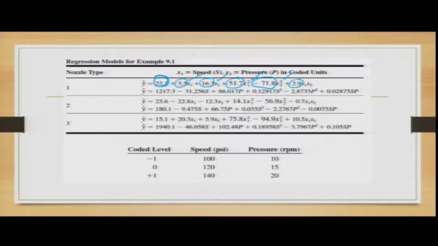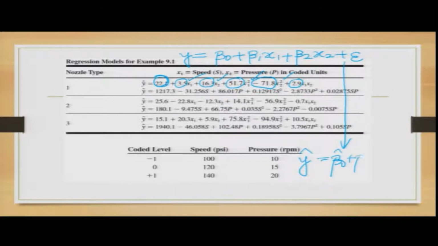Technically your equation, in the simple case, is y equal to beta naught plus beta 1 x 1 plus beta 2 x 2 plus epsilon. This is the multiple linear equation, remember that. When you fit and find the regression, it would be y hat equal to beta naught hat plus beta 1 hat x 1 plus beta 2 hat x 2.